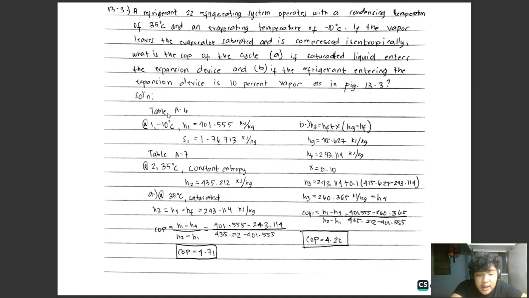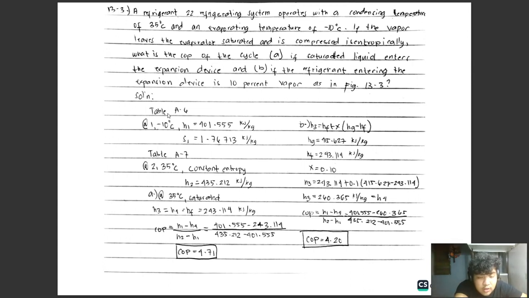Next, for our table A-7, at 35 degrees Celsius, constant entropy, we have h2 that is equal to 435.212 kilojoule per kilogram. For 35 degrees Celsius saturated, h3 is equal to h4, that is also equal to hf, which has the value 143.114 kilojoule per kilogram.